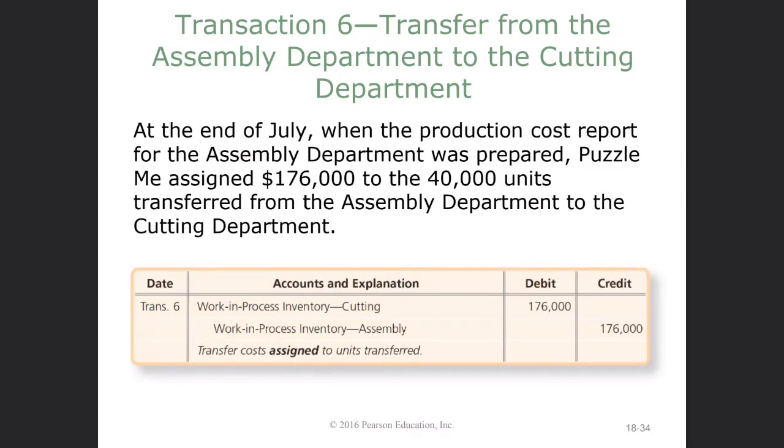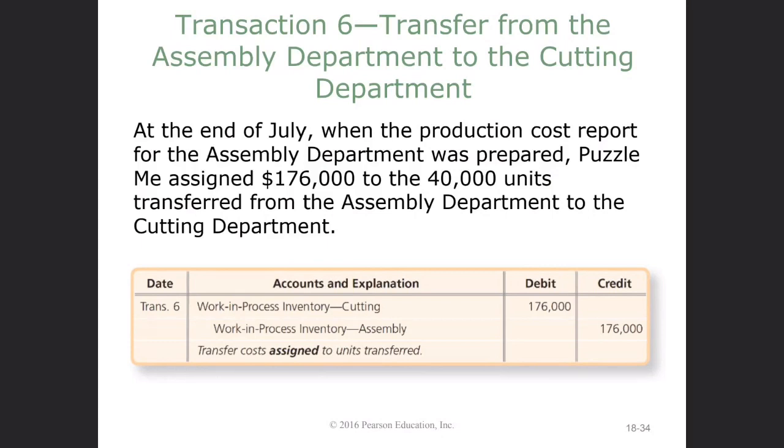So notice here we didn't have to record these 40,000 units. That's just additional information letting us know where this came from. But we are debiting the $176,000 here in cutting, moving it from assembly to cutting, taking it out of here and putting it here.